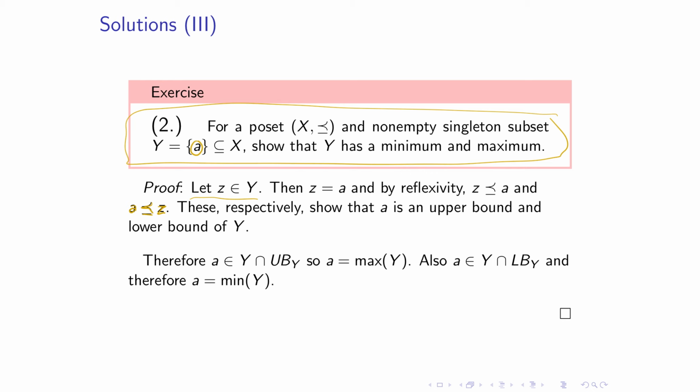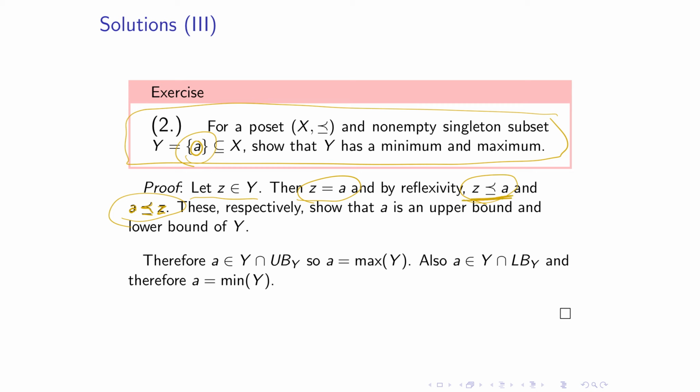Well, z being in y means that since y is just the set of A, there's only one thing it could be. z must equal A. And by reflexivity, A precedes A, and since z is equal to A, then we can go ahead and put that z precedes A, and by the same logic that A precedes z.